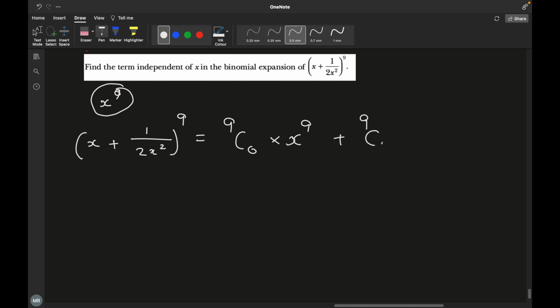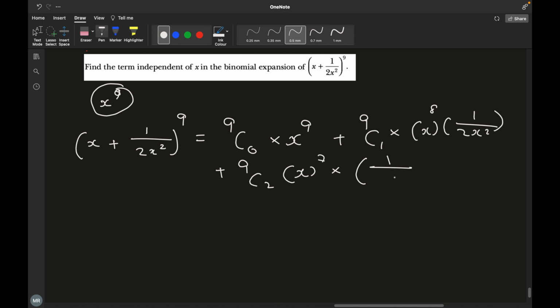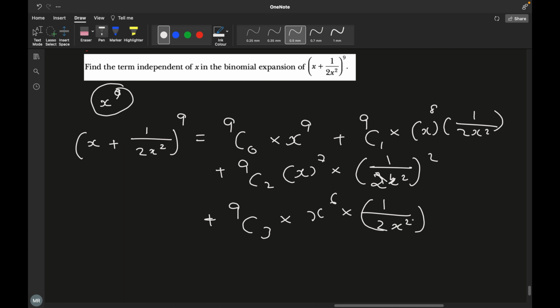So 9C1 into x to the power of 8 multiplied by 1 divided by 2x squared, and then plus 9C2 multiplied by x to the power of 7 multiplied by 1 divided by 2x squared whole squared, plus 9C3 multiplied by x to the power of 6 multiplied by 1 divided by 2x squared whole to the power of 3.